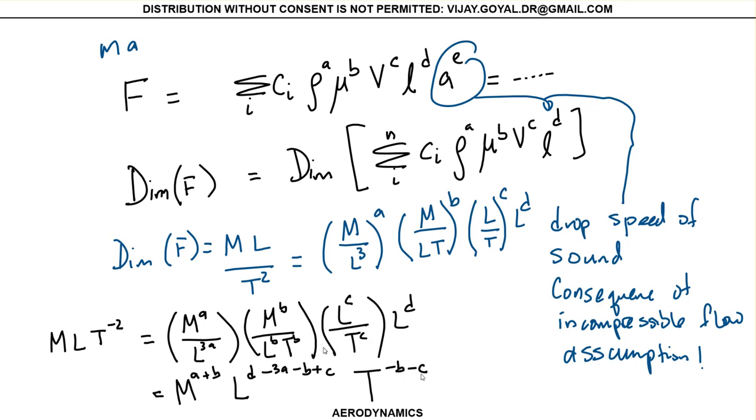Okay, so now we're going to compare these coefficients with these coefficients. And what you can immediately see is that this has to equal 1. This is also equal to 1, so this has to equal 1.